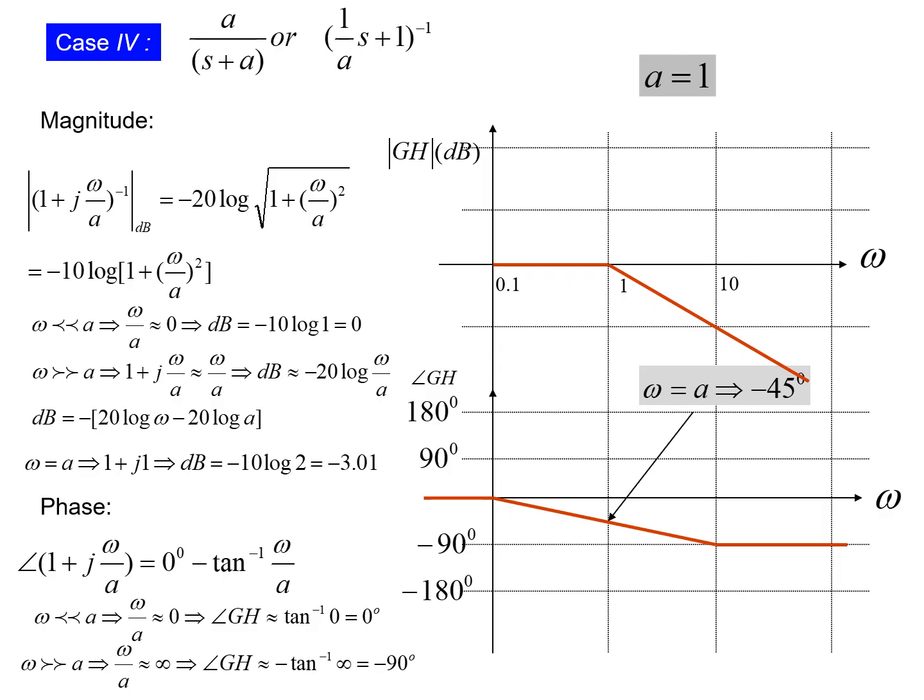And if omega equal to a, it means 1 plus j1.